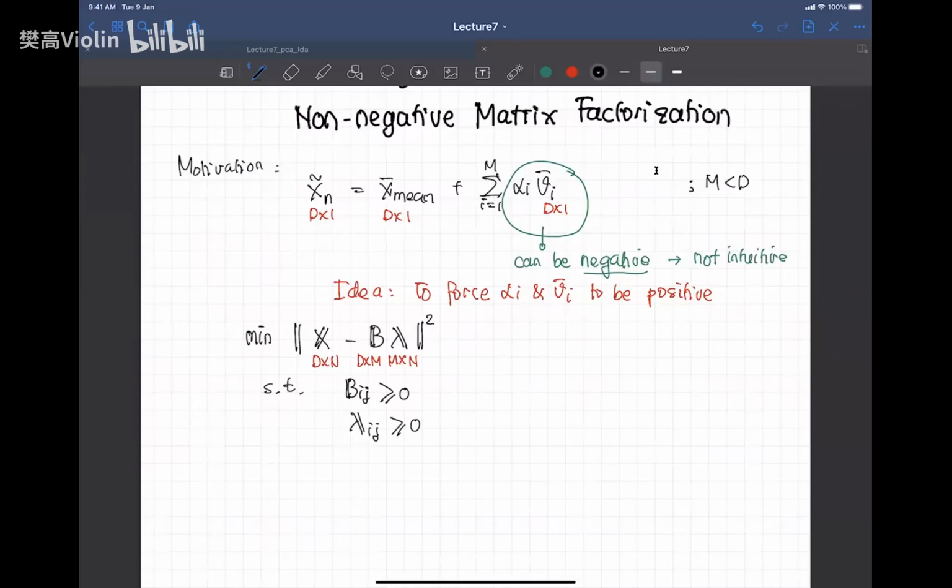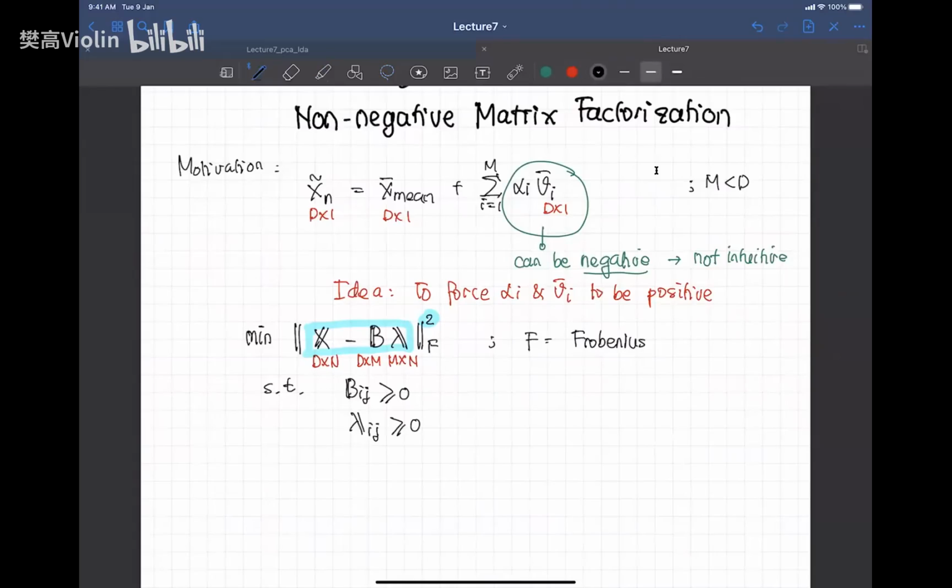Oh, by the way, because this is a matrix, you cannot square it. So in that case, you have to change this into a norm, and the norm here is called F, which stands for Frobenius norm.